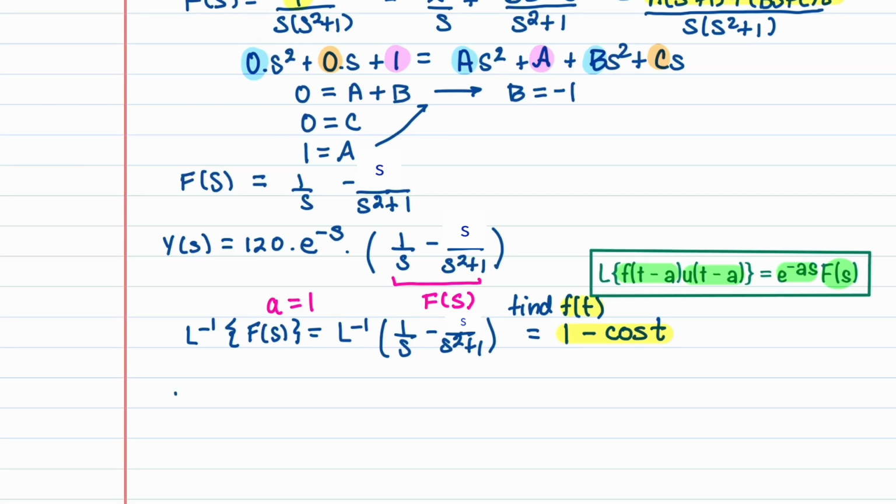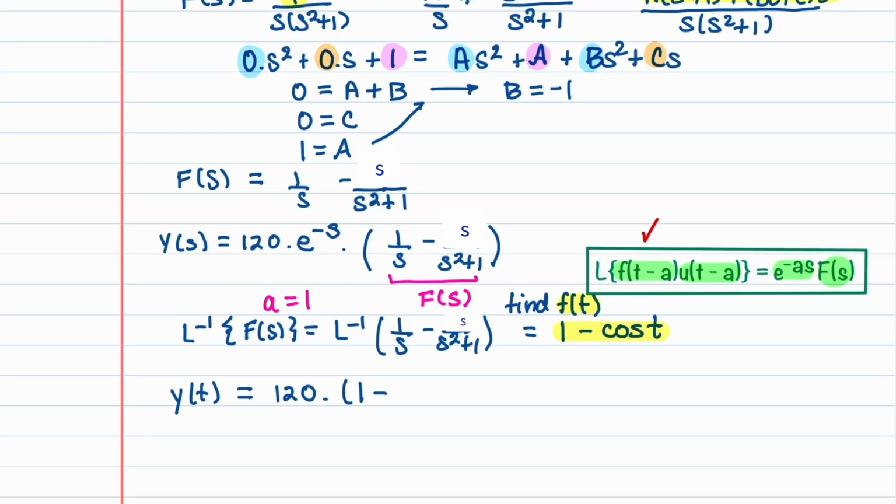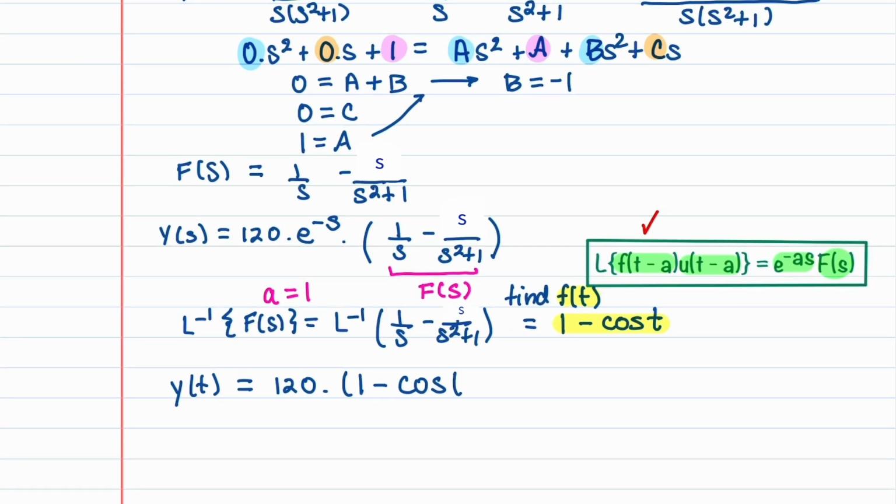Now let's find our answer. Little y of t is going to be the inverse Laplace transform. We'll bring our 120 down. And then we're going to have this piece right here looking over in this box, f of t minus a. So that is 1 minus cosine. A is 1, so we have cosine t minus 1.